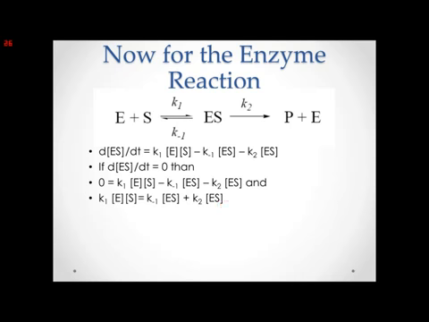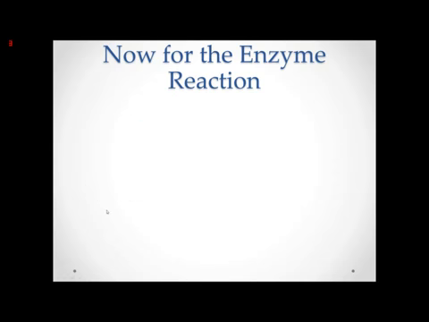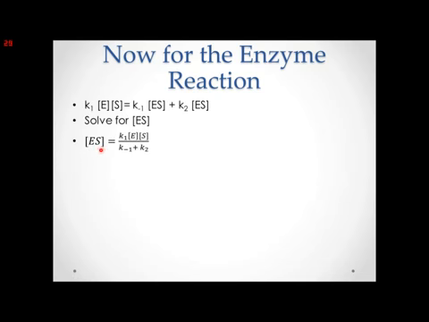And now remember how we're trying to find out about the change in concentration of ES over time, because that will tell us the change in concentration of P over time. So let's solve this for the concentration of ES. And here it is solved for the concentration of ES. Now these three numbers right here are kind of cumbersome.